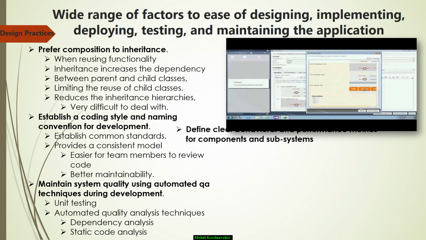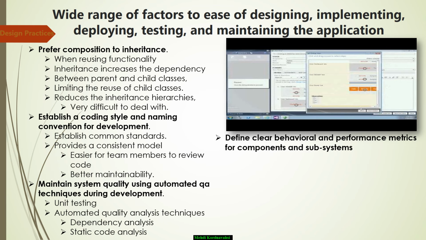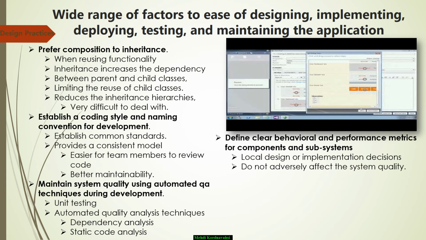Define clear behavioral and performance metrics for components and subsystems, and use automated QA tools during the build process to ensure that local design or implementation decisions do not adversely affect the overall system quality.